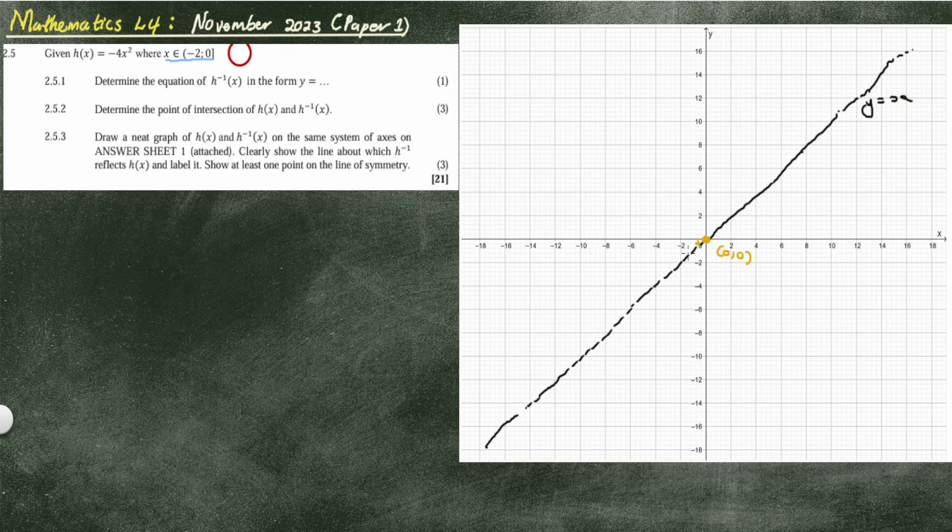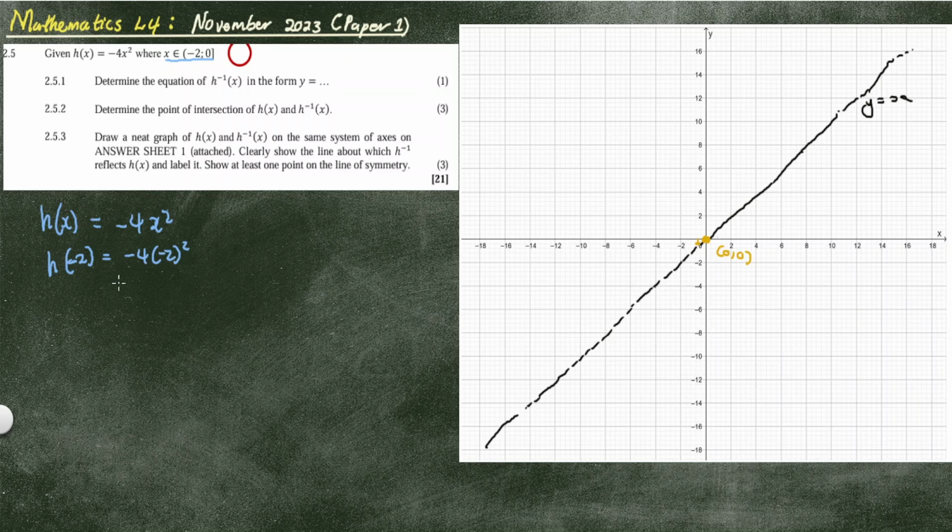Then we can start off by plotting h of x, but before that I shall plot the graph, clearly showing the line of symmetry and at least one point on it, which is 0 and 0. So minus 4x squared. I'm going to plot 2 points. Substituting minus 2: minus 4 times minus 2 squared.